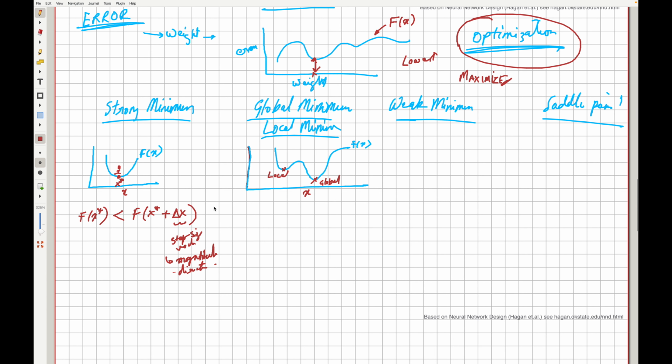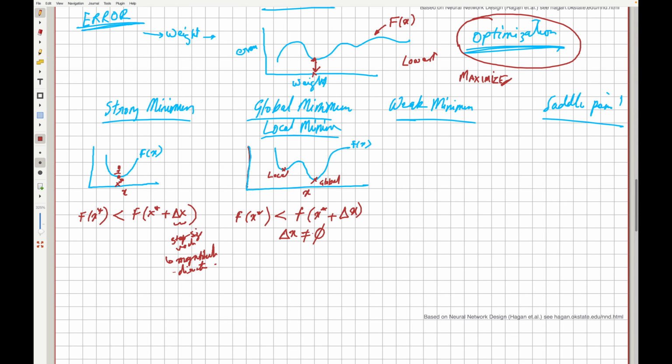Okay. And we can write that for global minimum, we can say that f of x star is less than f of x star plus delta x for all delta x that is not equal to 0.